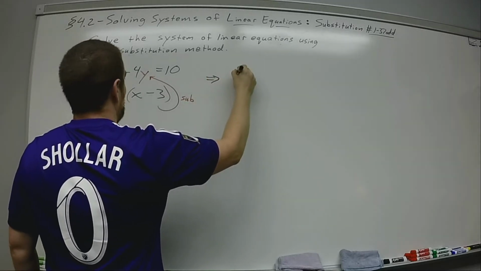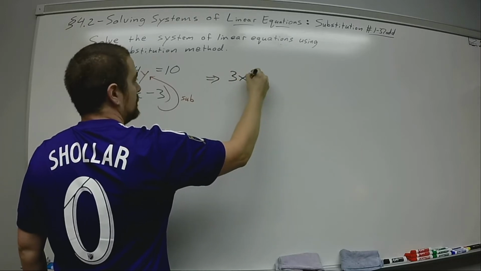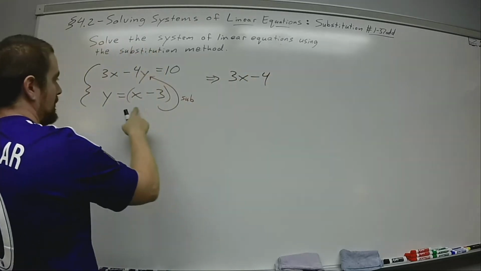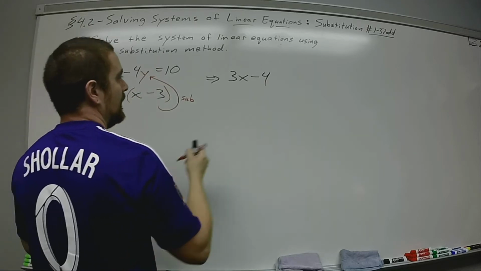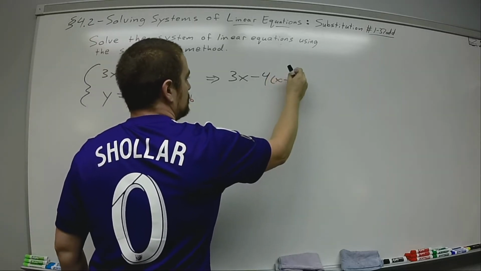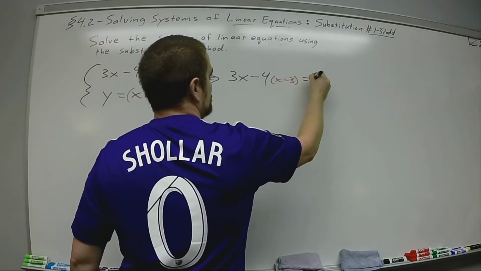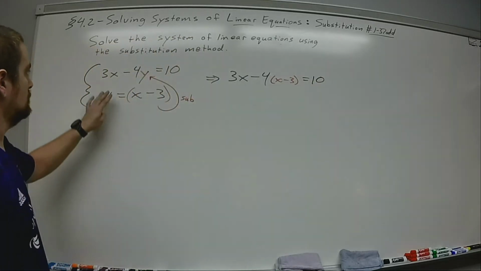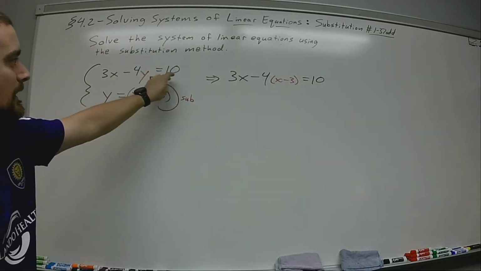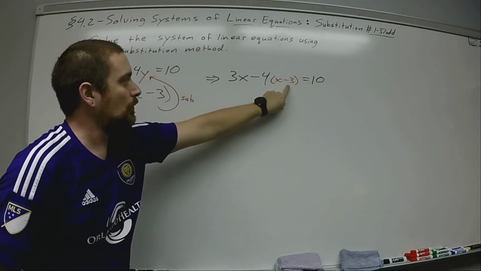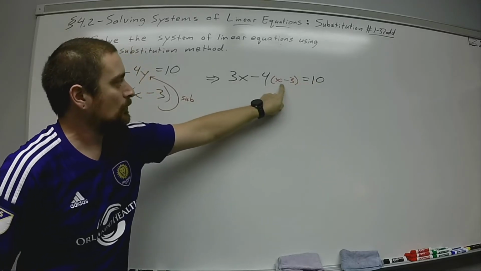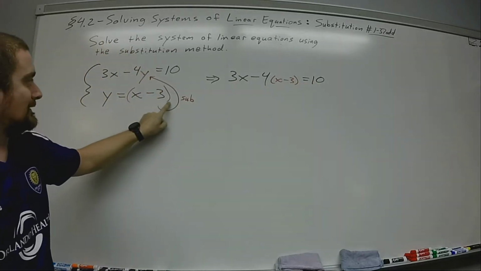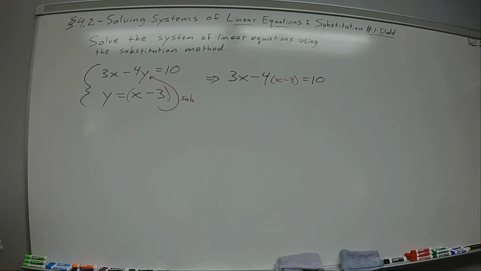So now that's going to have me solve 3x minus 4 times, and again, this is y, x minus 3 equals 10. Same equation, 3x minus 4y equals 10. Here it is, 3x minus 4y equals 10. But I'm simply rewriting y as it is in the second equation.